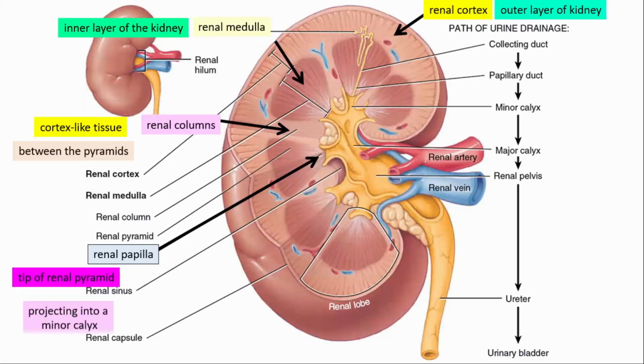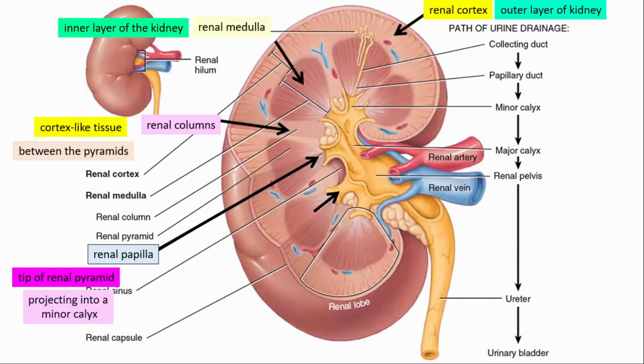And this beginning of the drainage system of the urine is called a minor calyx. And here is a minor calyx where the papilla of the pyramid opens into this wine glass-like structure.